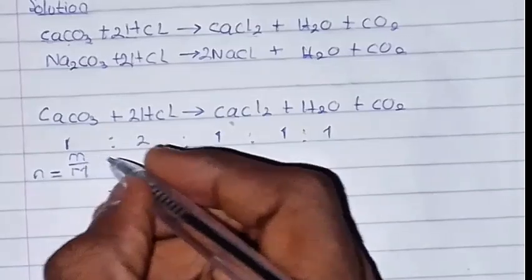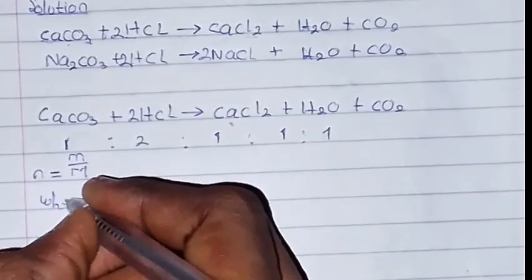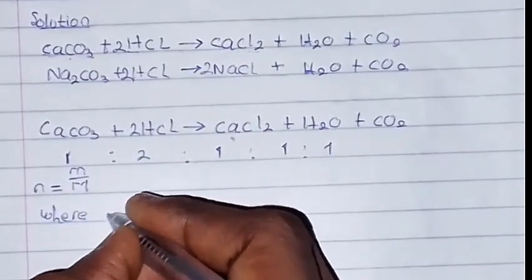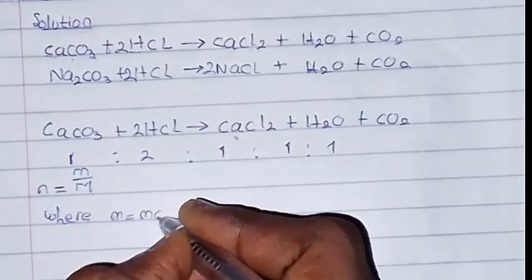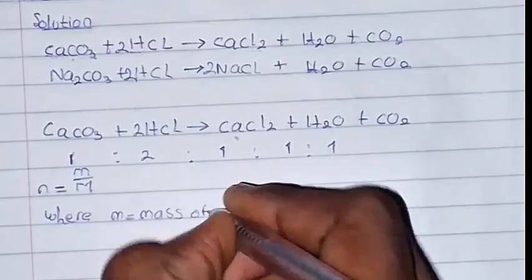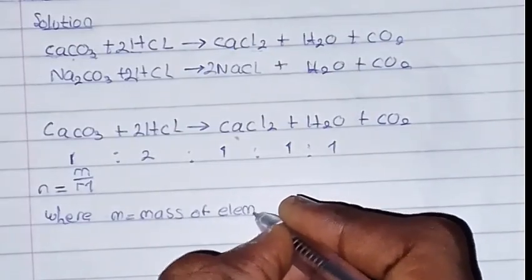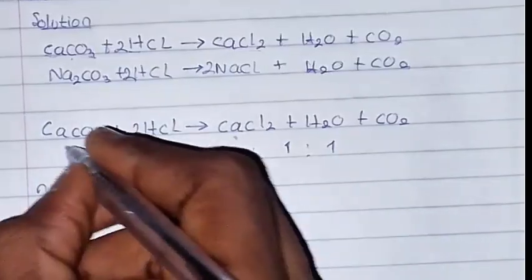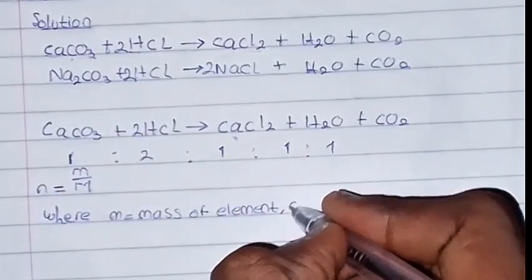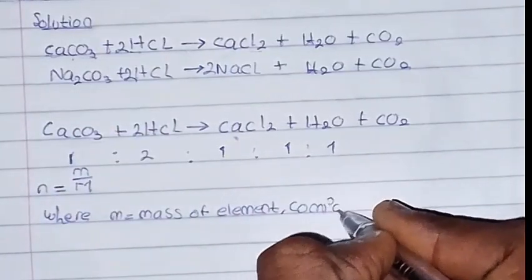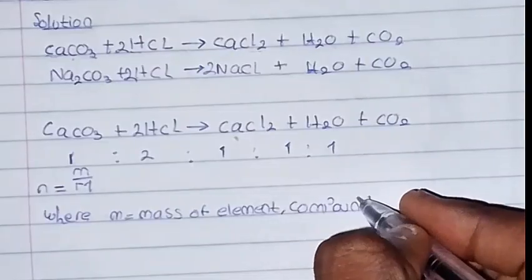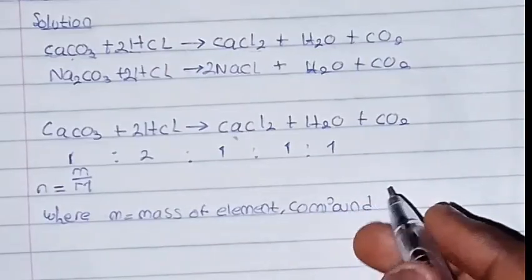Here, m is equal to the mass of the element or the mass of a compound. So is it a mass of an element or the mass of a compound that was given?